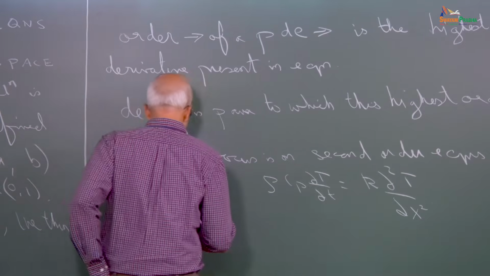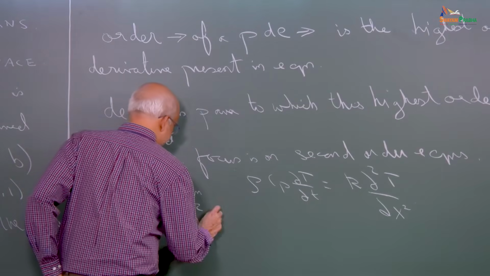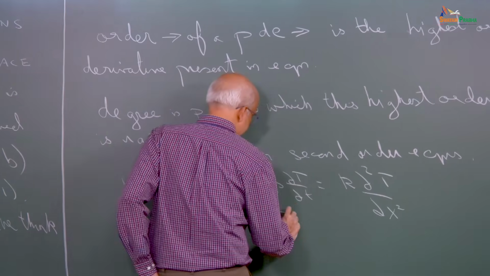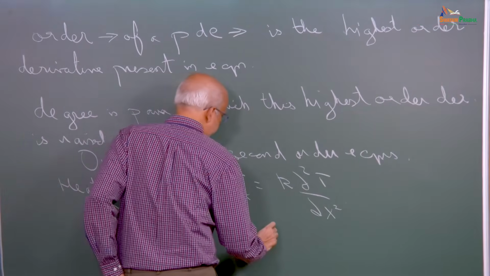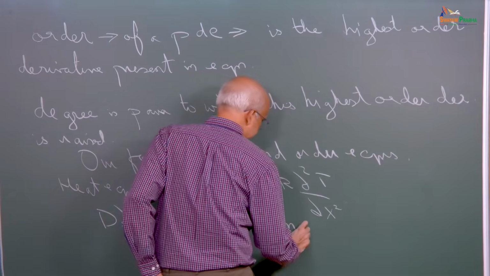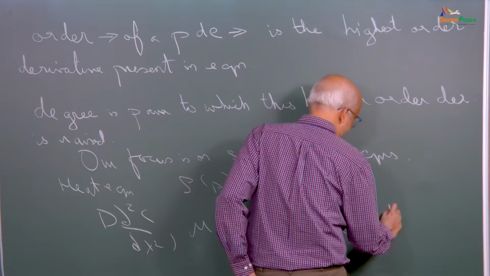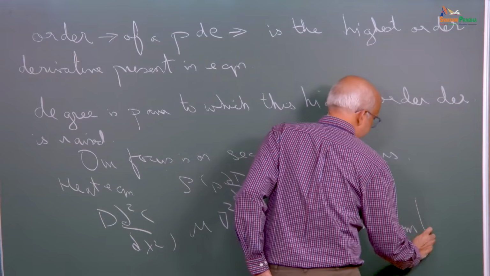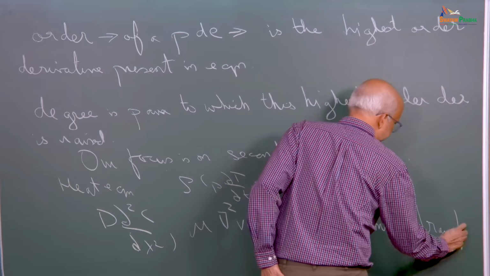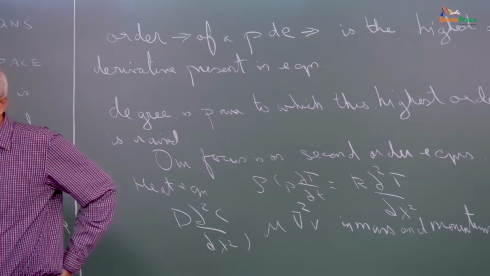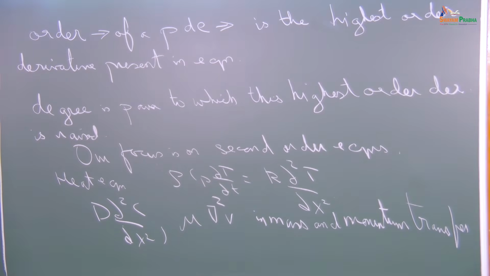Similarly, you have d square C by dx squared, or you have mu del squared V in mass and momentum transfer. This is just to tell you that we are only going to look at second order equations so far.